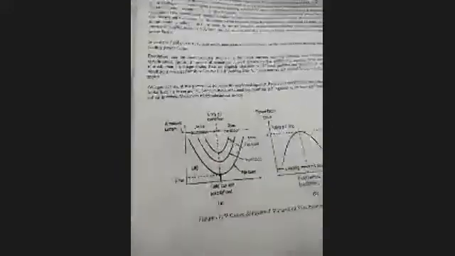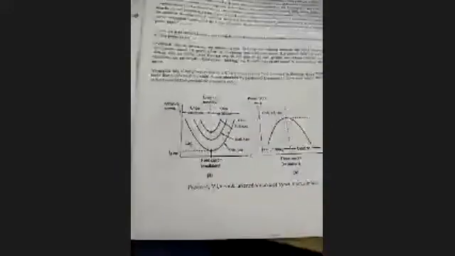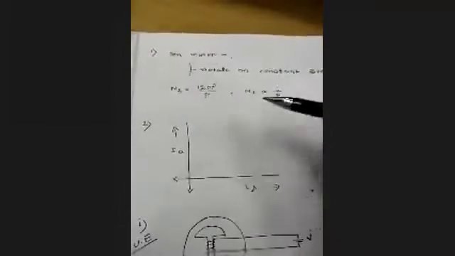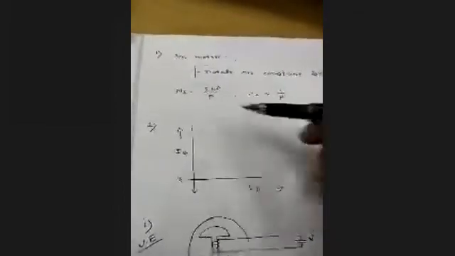First of all, we know that the synchronous machine rotates at constant speed, and the formula for the synchronous speed is 120 f by p. So the speed is proportional to 1 by p.